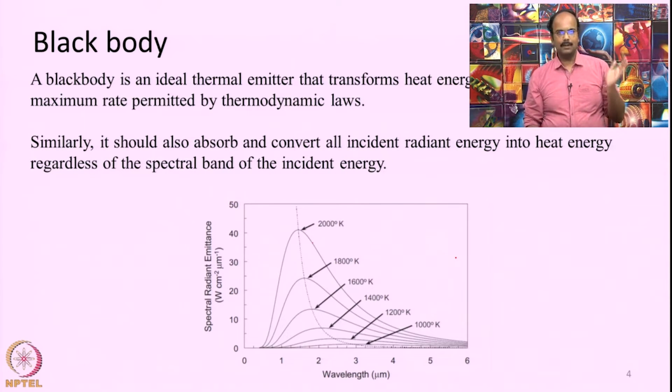But most of the earth surface features may not be able to emit radiation at that particular level, or they will not be in a position to radiate energy to the maximum extent as allowed by thermodynamic laws. So, in general, for most of the earth surface features, the emission from them will be less than what has been given by Planck's equation.